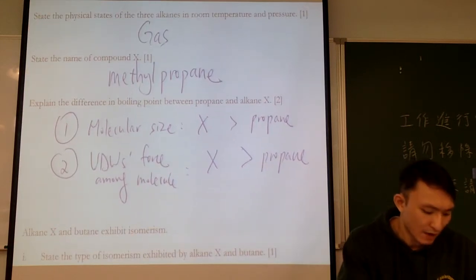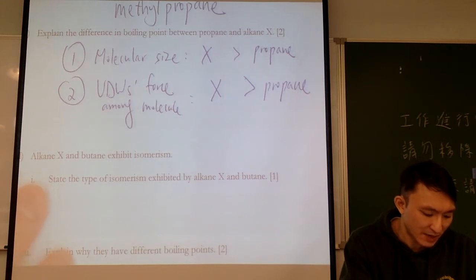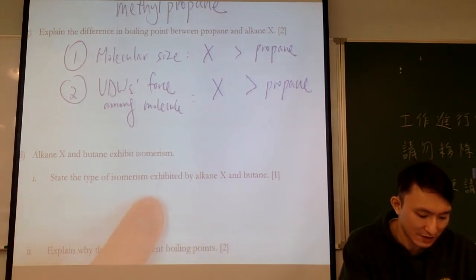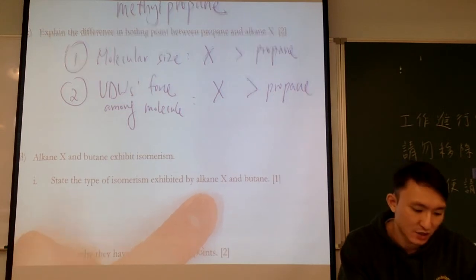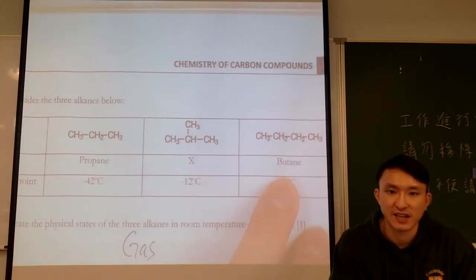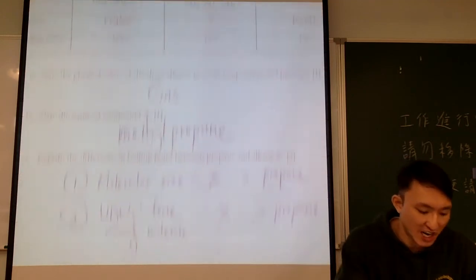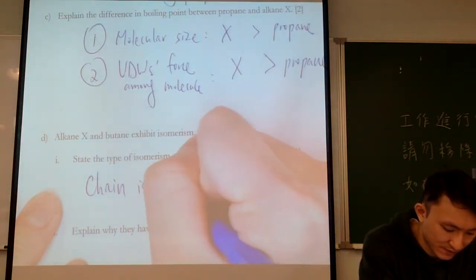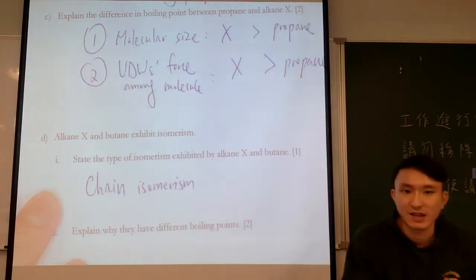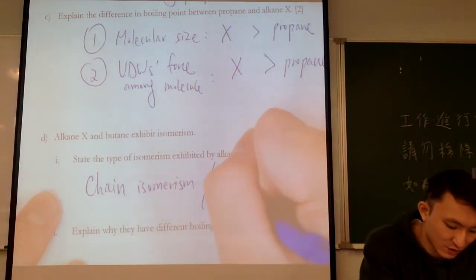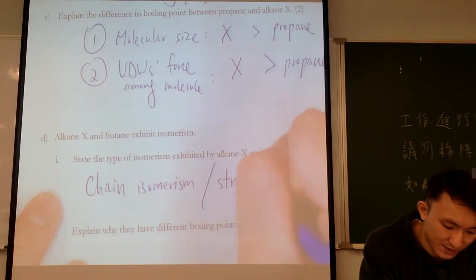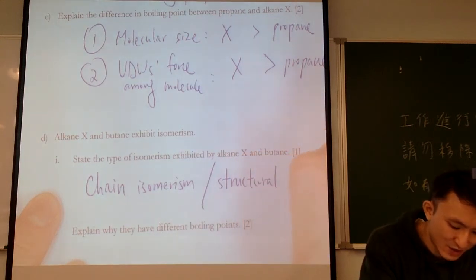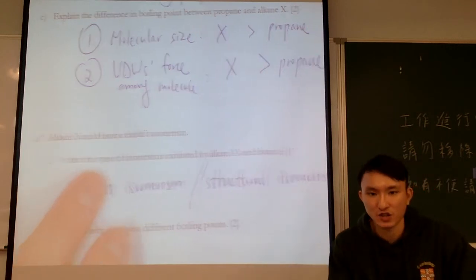Now, alkane X and butane exhibit isomerism. State the type of isomerism exhibited between alkane X and butane. They exhibit chain isomerism, right? Actually, if you're smart, you can also say structural isomerism, because the question didn't specify the type of structural isomerism.